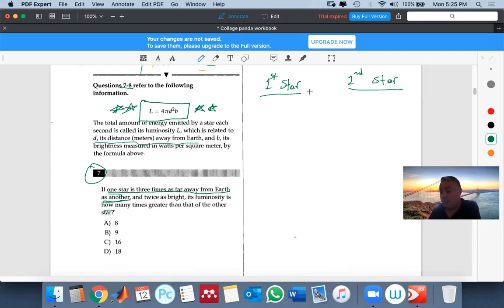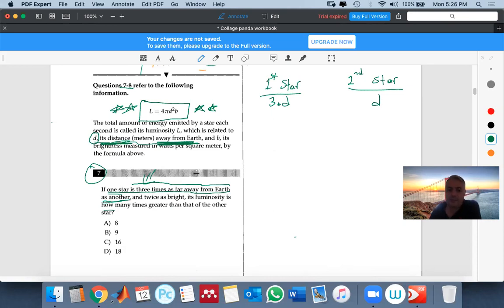But what is important is 3 times as far away from the Earth. The definition says that D is the distance away from Earth. So let me call this D, and this 3 times D, since it says 3 times.